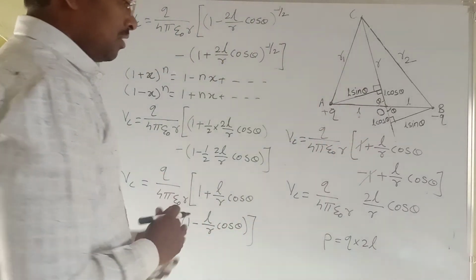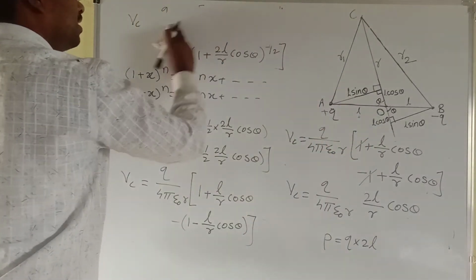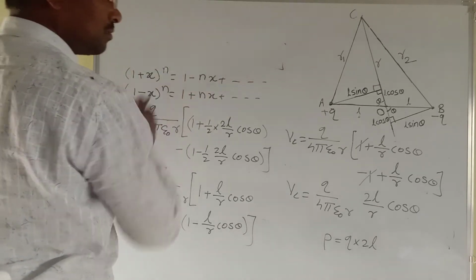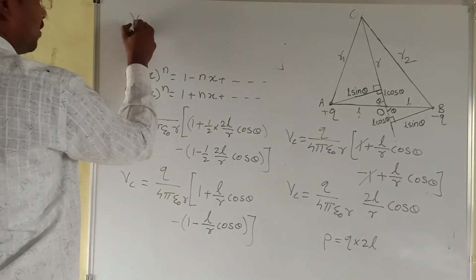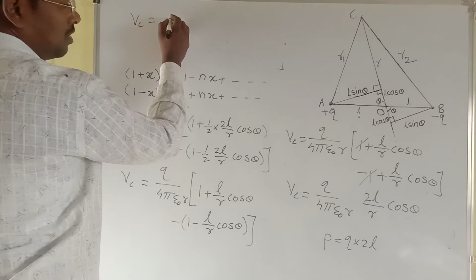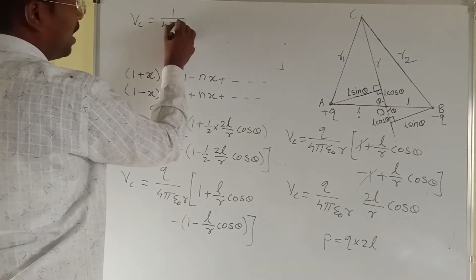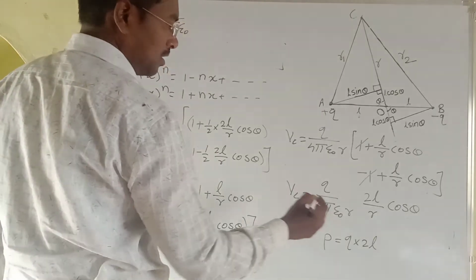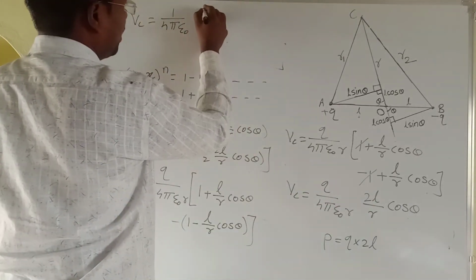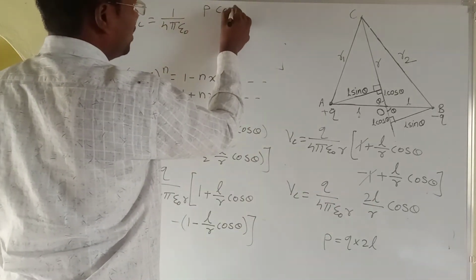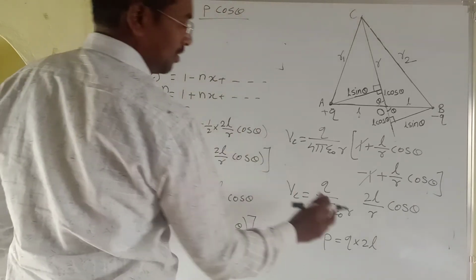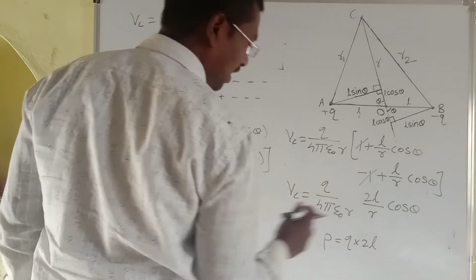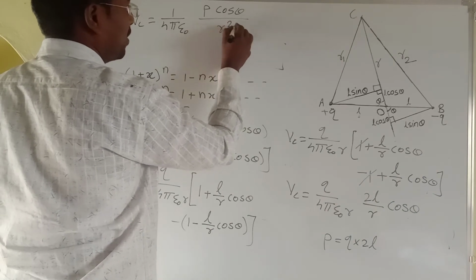Okay. So this can be written as V_C is equal to 1 upon 4πε₀, and this Q into 2L can be written as P cos θ upon R, and this R is R square.